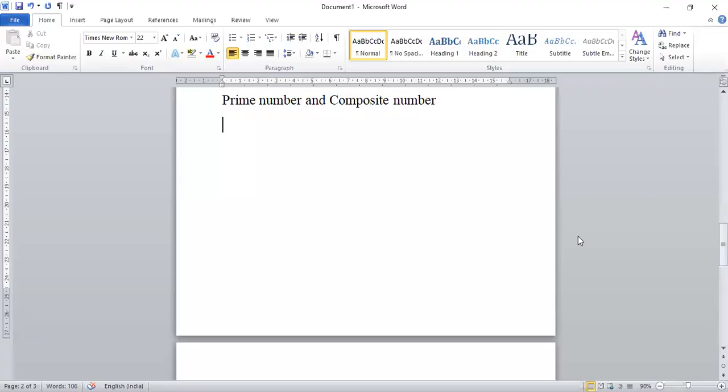So our next topic is prime numbers and composite numbers. As a definition, a prime number has 2 factors. Means each prime number has only 2 factors, the number itself and 1.